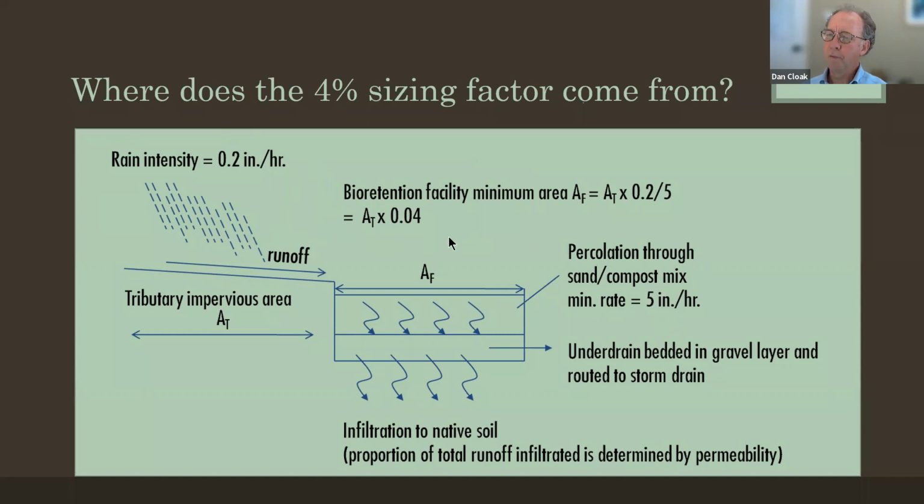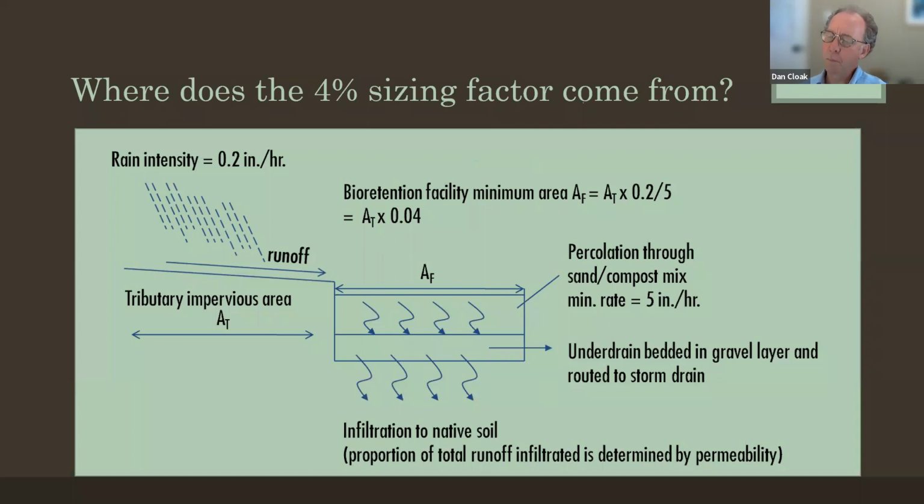And then from there, the criterion calls for a maximum surface loading rate across this area of the sand compost mix of 5 inches per hour. And the division of this amount of flow by this amount of area going through here gives this ratio, which is where the 0.04 sizing factor comes from.